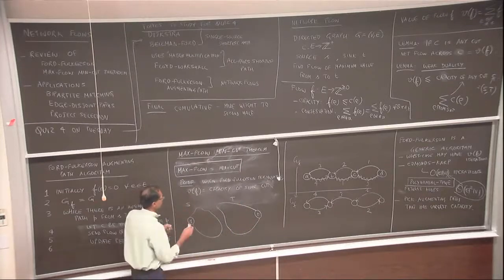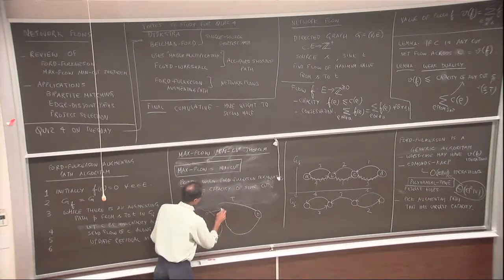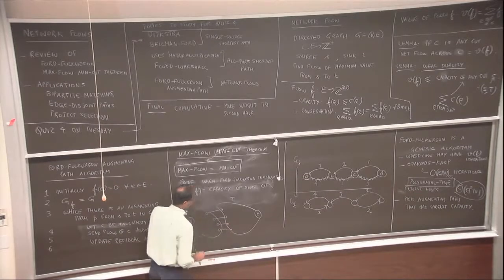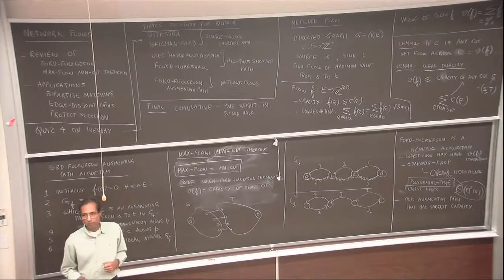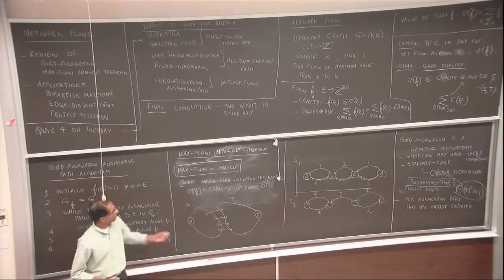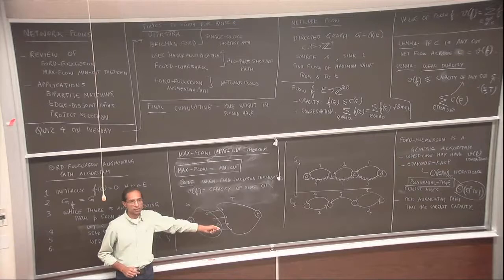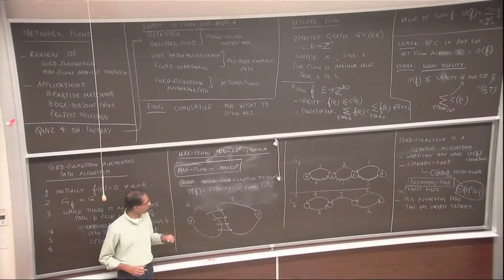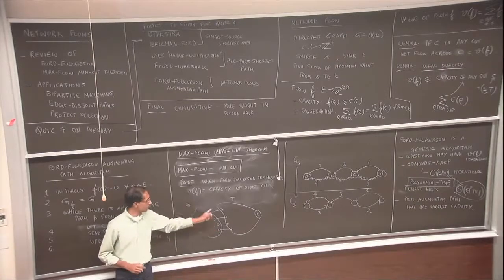What does that mean? That means every edge that is going from here to here now has capacity. How much capacity does it have? 0. Okay. So if it has capacity 0, how much flow is going across?